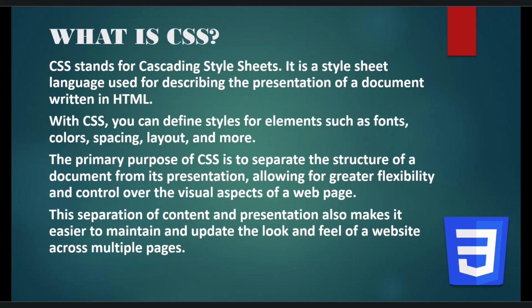The primary purpose of CSS is to separate the structure of a document from its presentation, allowing for greater flexibility and control over the visual aspects of a web page. This separation of content and presentation makes it easier to maintain and update the look and feel of a website across multiple pages.